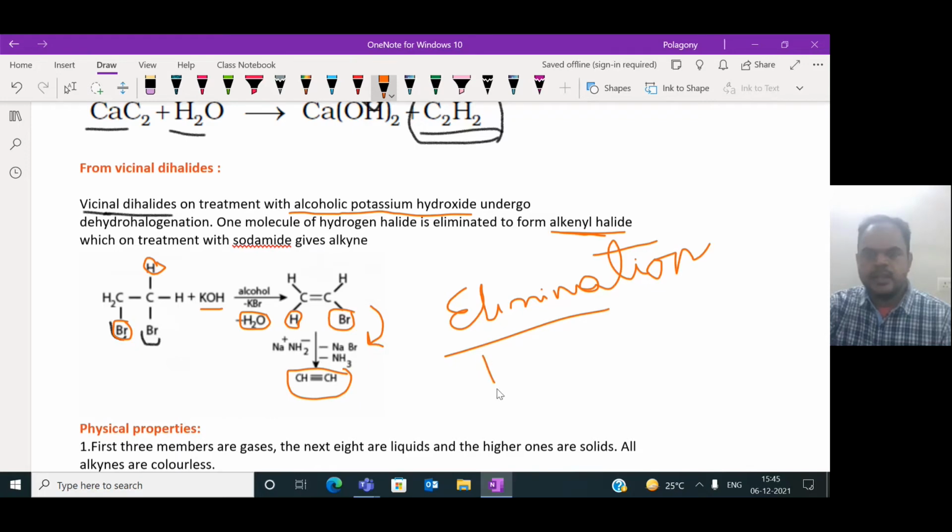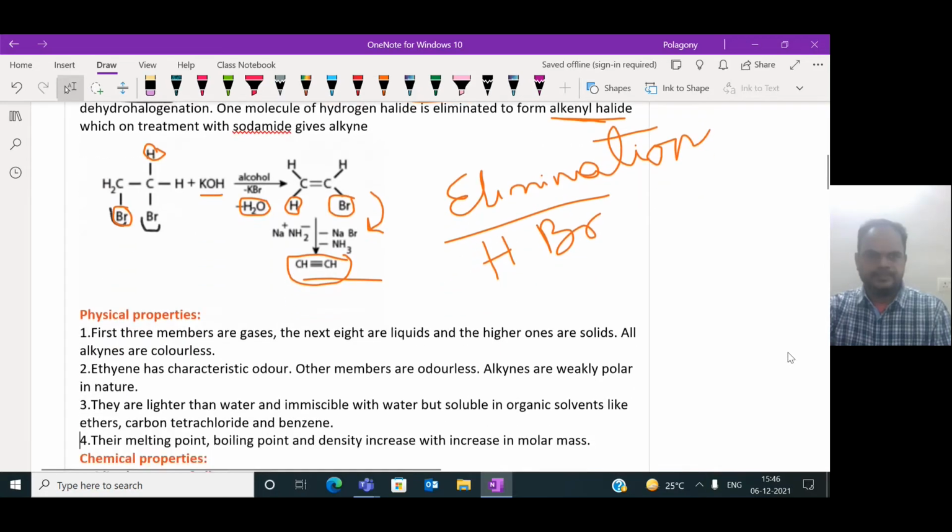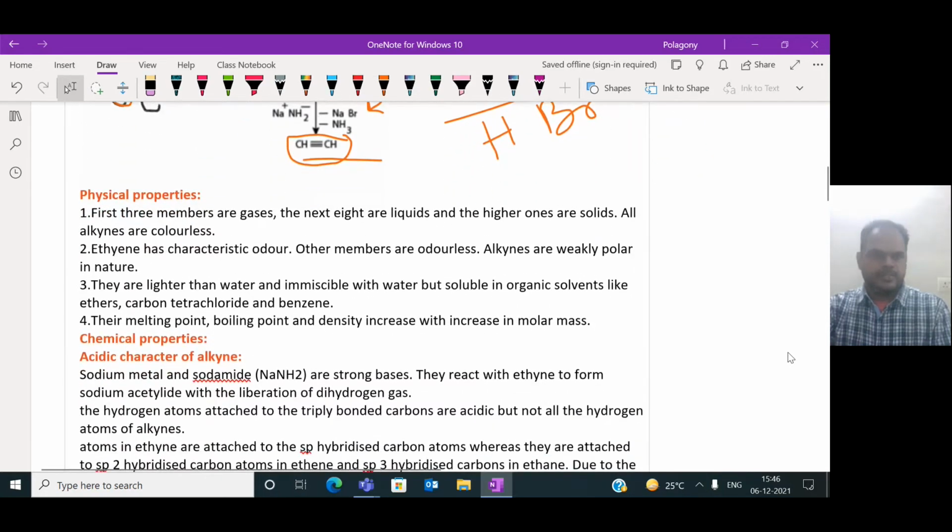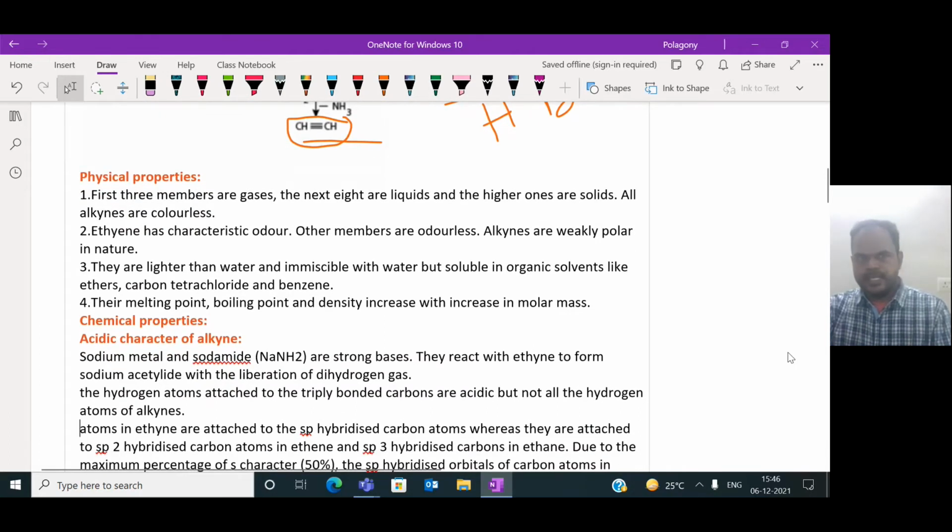Dehydrohalogenation means one hydrogen and one bromine halogen are removed. As a result, the products we get are potassium bromide and water. From this reaction, what is eliminated? The final product we get is ethyne. So this is the second preparation method of alkynes.